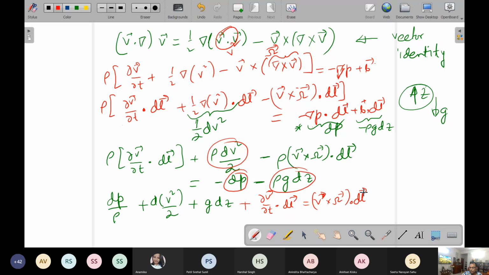So what we can see from here is that, what are the assumptions that we have made while writing this? What are the assumptions that have gone in up to this? Can any one of you tell?